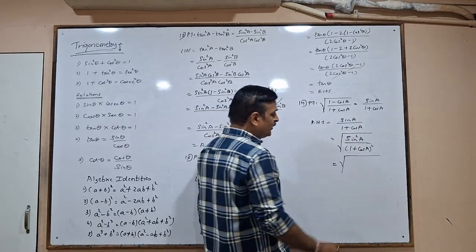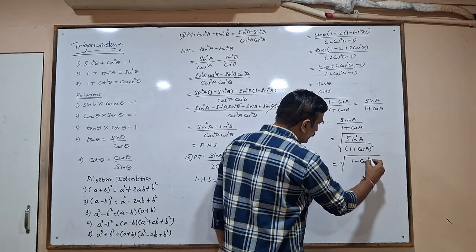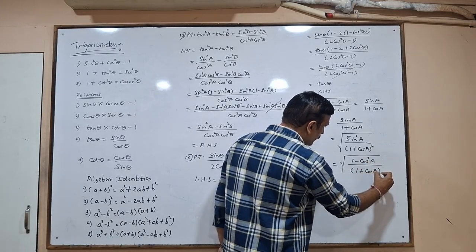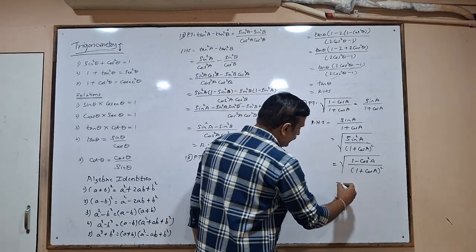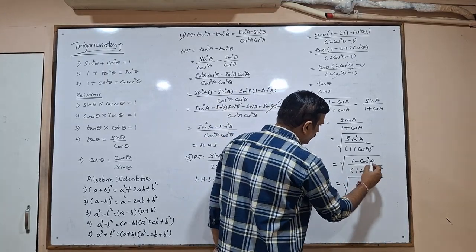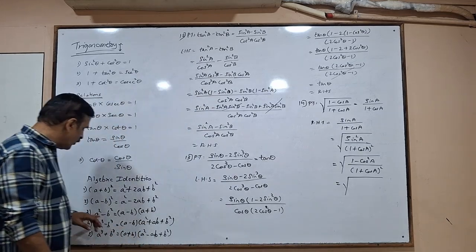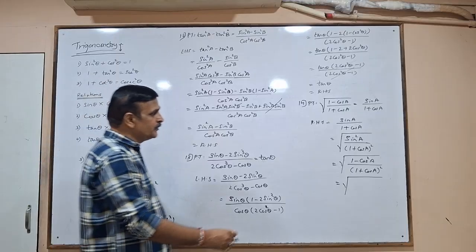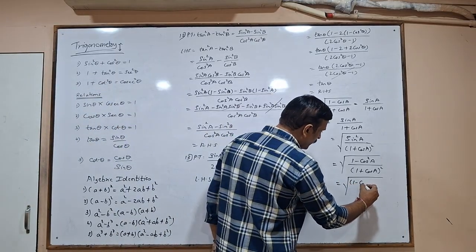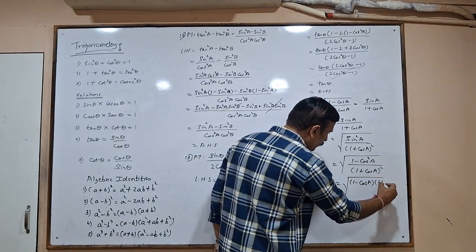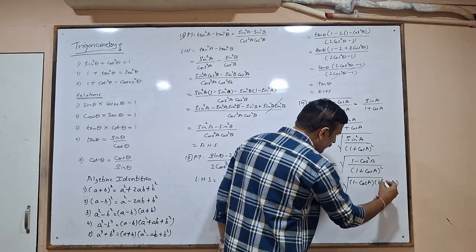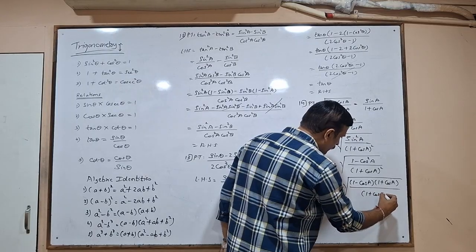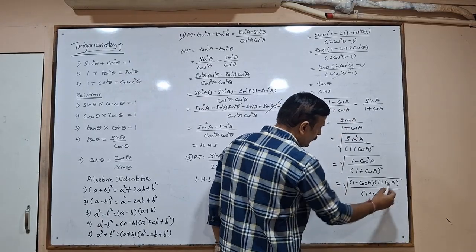Now what I will do, I will write this sin square A as 1 minus cos square A. And the numerator 1 minus cos square A is of the form A square minus B square, which is A minus B into A plus B. So it is 1 minus cos A, 1 plus cos A, the whole upon 1 plus cos A the whole square.